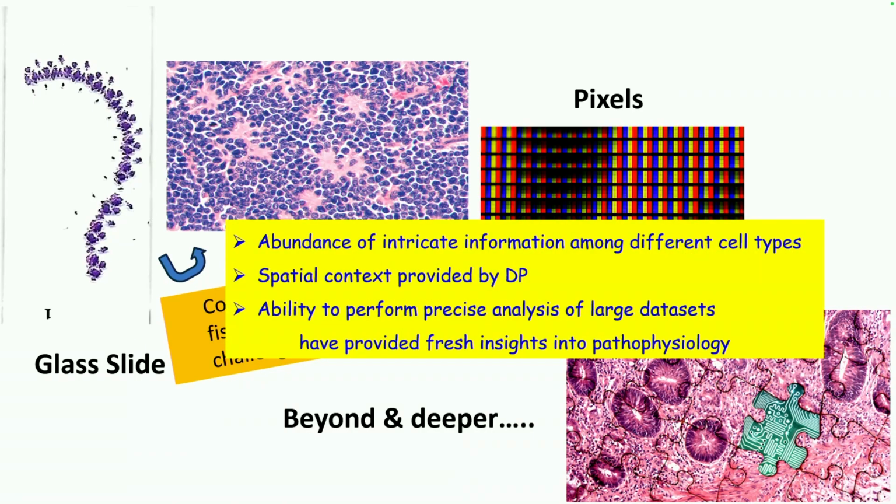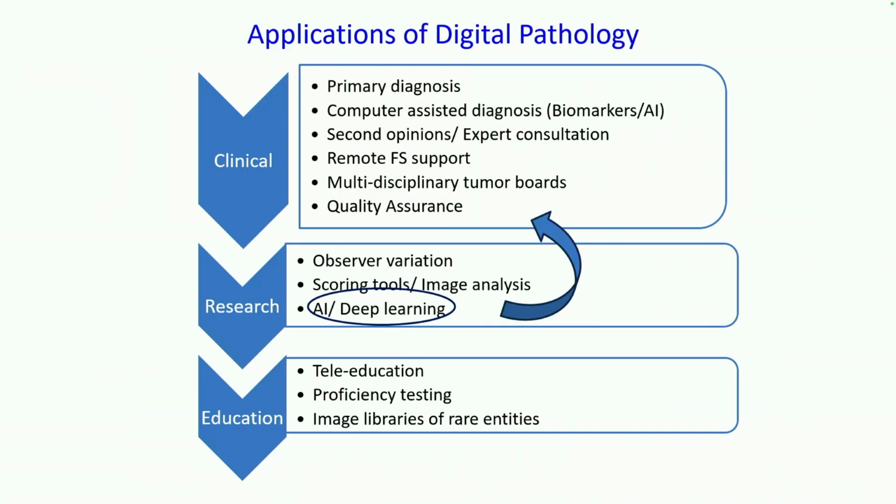It is distributed among different cell types and different cell layers. There is spatial context provided by digital pathology. And in this era, we have the ability to perform precise analysis of large data sets. This is called computational pathology, and whole slide imaging, that is digital pathology, is an enabler of computational pathology.